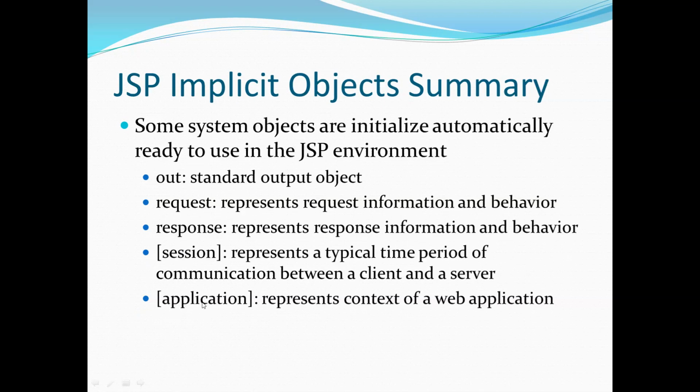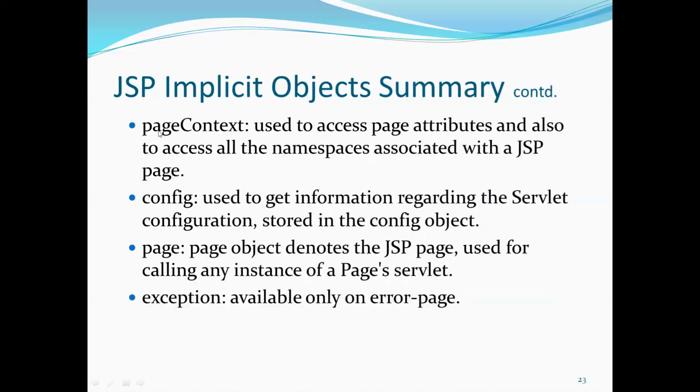Application represents your context object that we created by using request.getServletContext, but here you will get the name application. Page context, config, page, exception. We have already seen these things, and I have already shown you the names of these implicit objects. These implicit objects are by default available that you can use in your code. You don't need to create these objects.